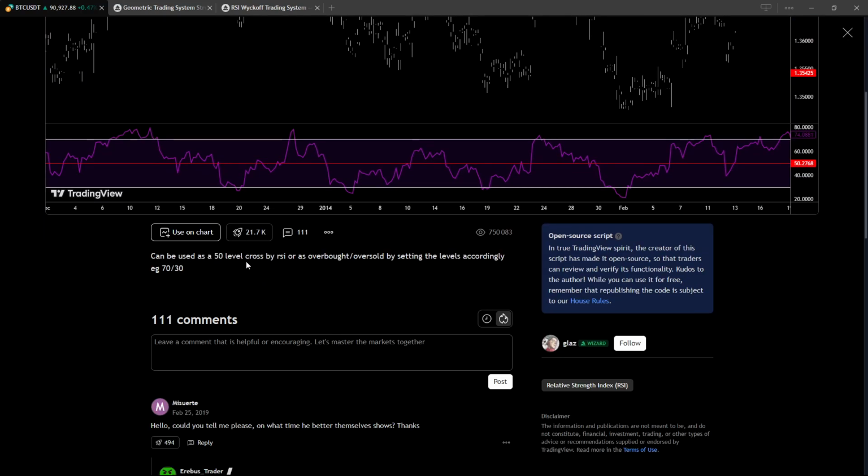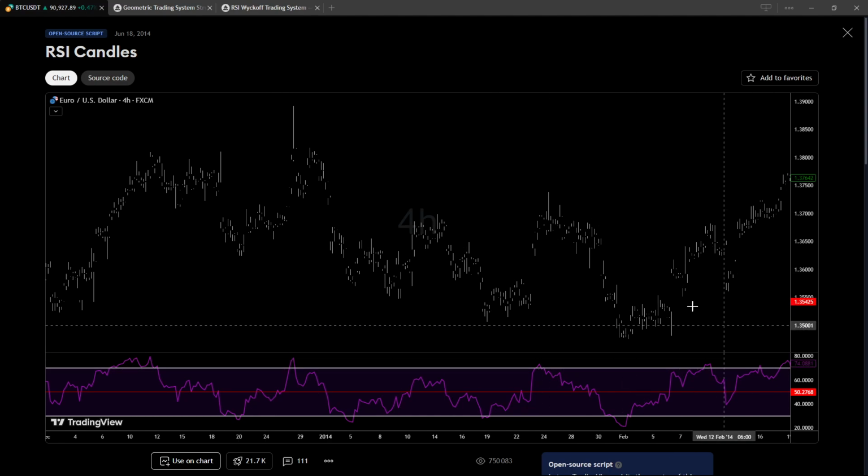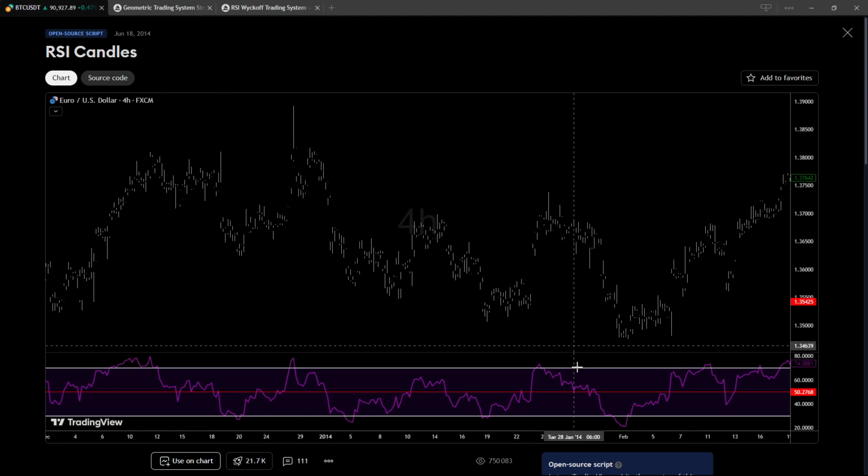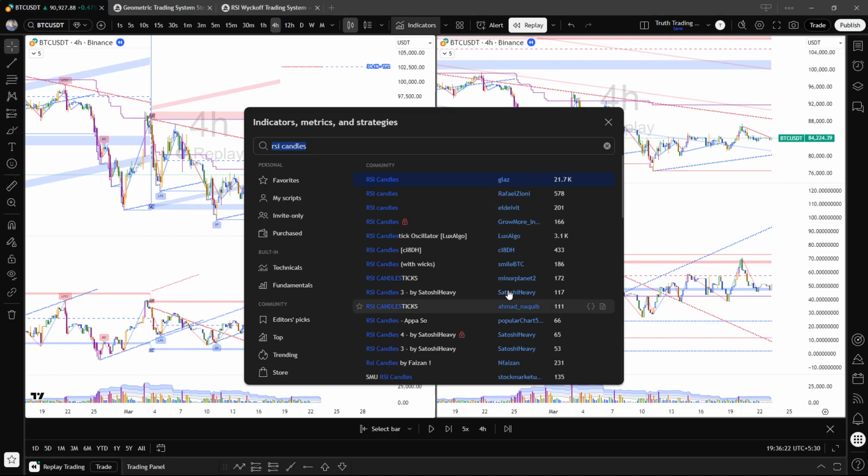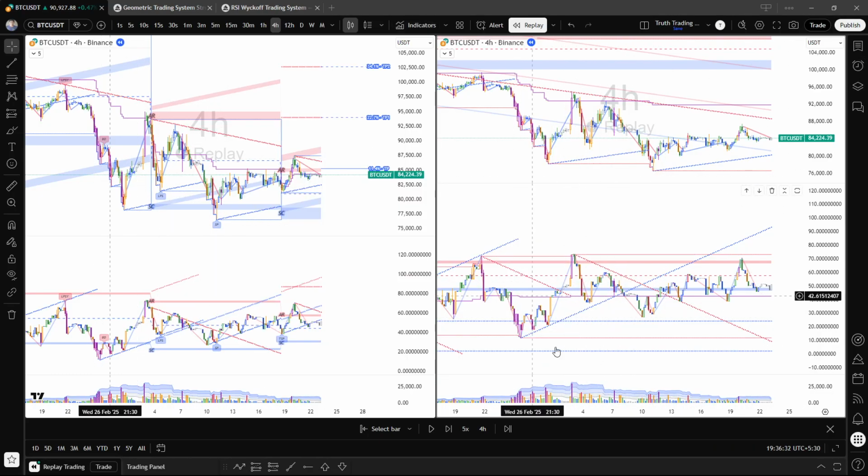Can be used as a 50 level cross by RSI or as overbought reversal by setting the levels accordingly. Yeah, I don't know what it does, man. This is not RSI candles, by the way. This is RSI, like complete RSI analysis.